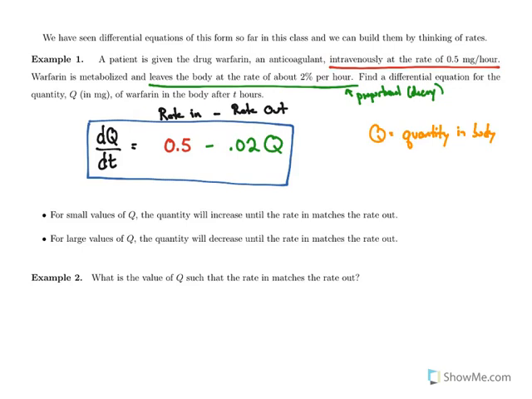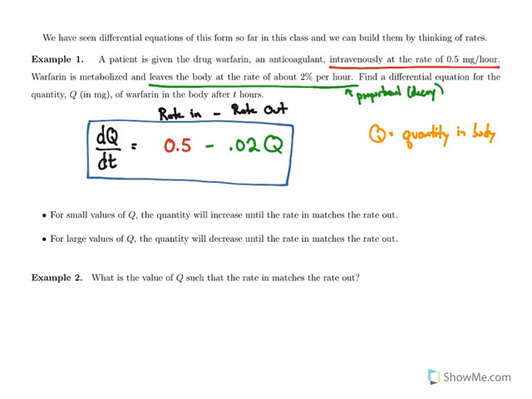Now let's think about what is happening in this problem with different values of Q. If we have small values of Q, then the quantity is going to increase until the rate in matches the rate out. We are constantly pumping in this drug intravenously, but it's leaving at a certain rate.